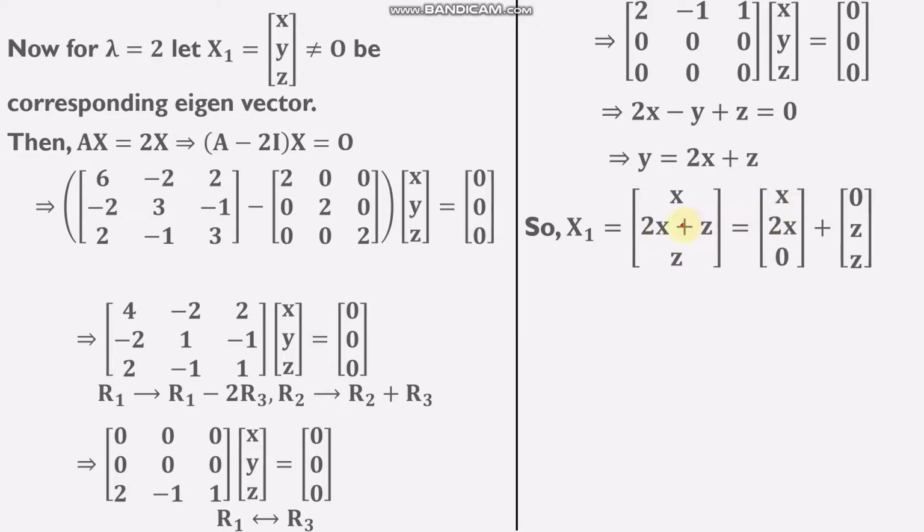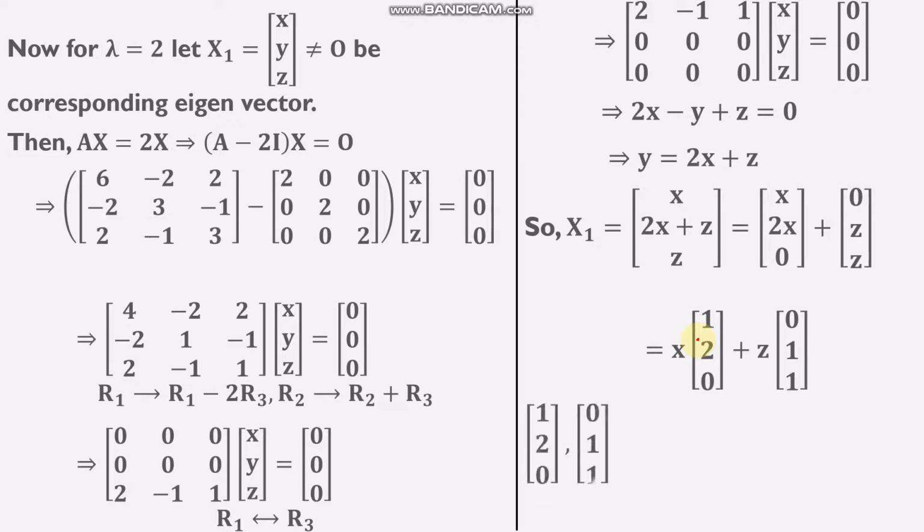So from here we can split it into two parts, (x, 2x, 0) plus (0, z, z). Here you can take x to be 1, here you can take z to be 1. So we get two eigenvectors from here, (1, 2, 0) and (0, 1, 1), corresponding to lambda equal to 2.